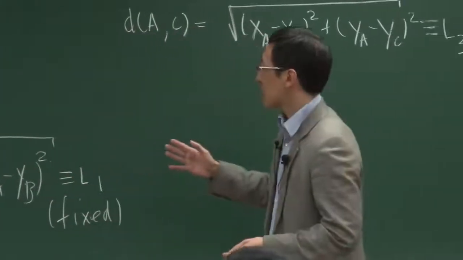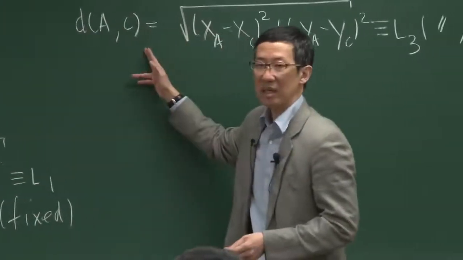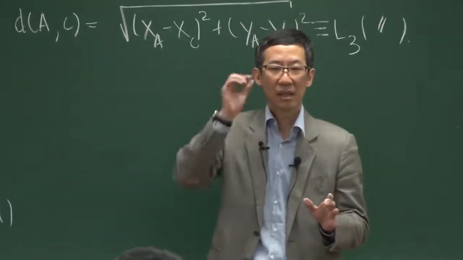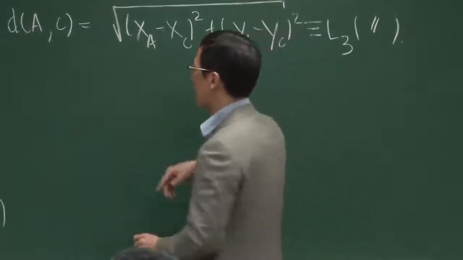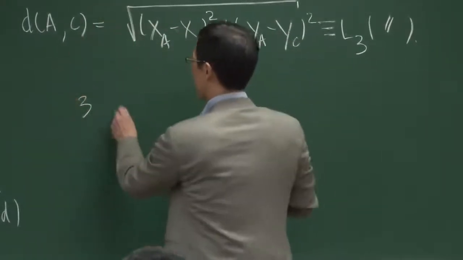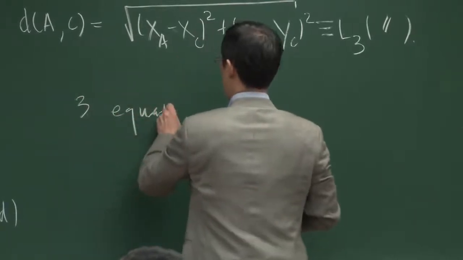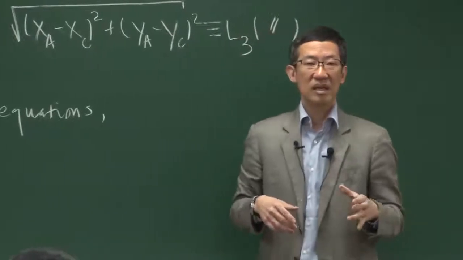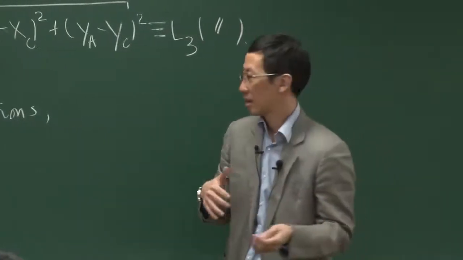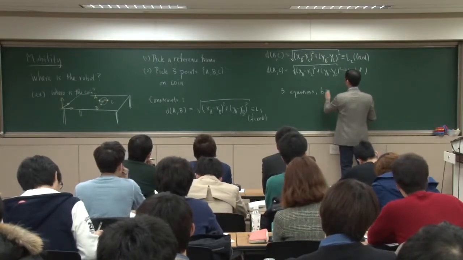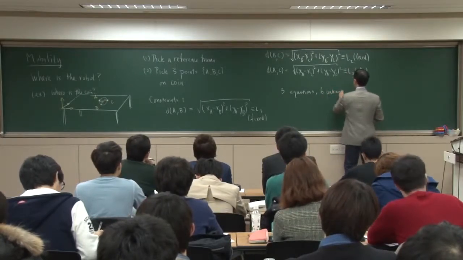But it turns out that because of these 3 constraints, those 6 coordinates are not independent. In other words, we have 3 equations, 1, 2, 3, and we have 6 parameters, or let's use the more colloquial term, unknowns.